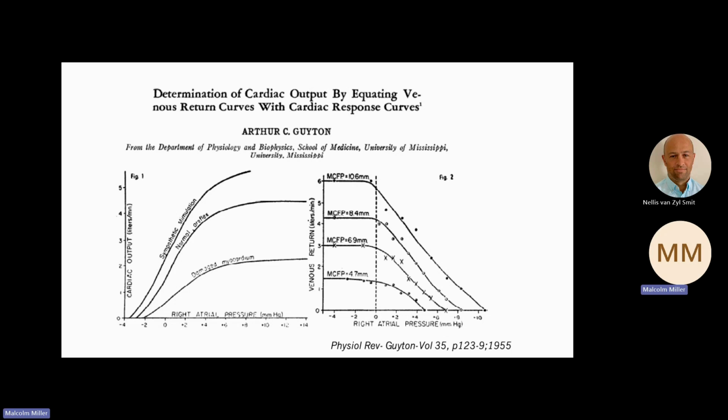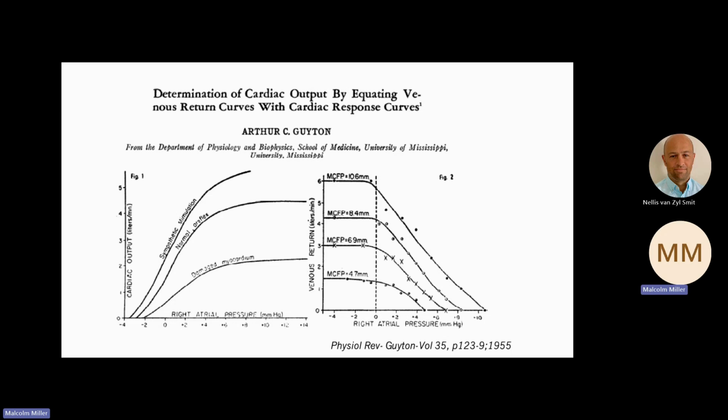So how he did it was he anesthetized dogs. He basically arrested their hearts and then measured the pressure once there was no flow in the circulation in the venous capacitance vessels. Now, why the venous pressure?